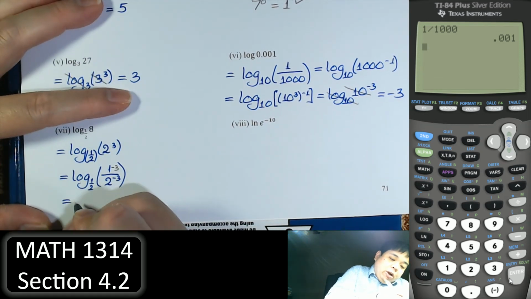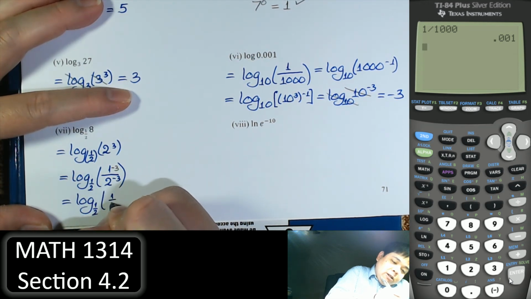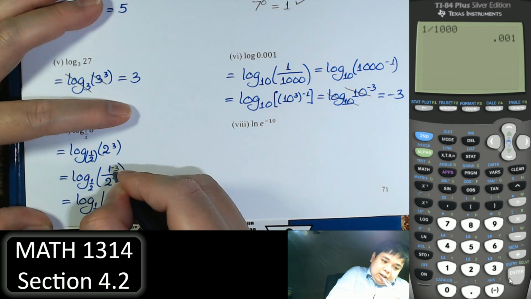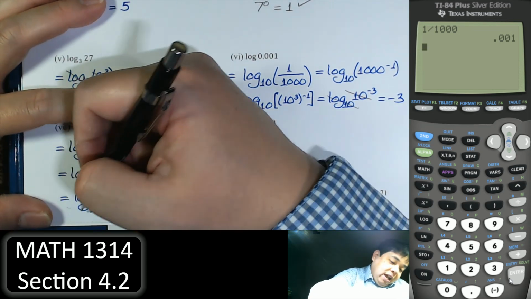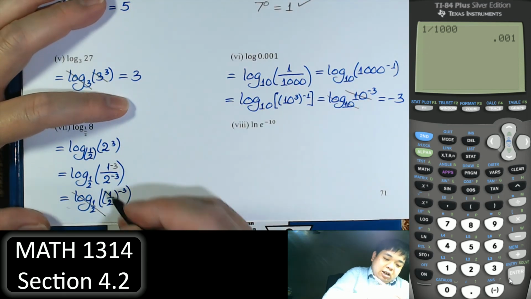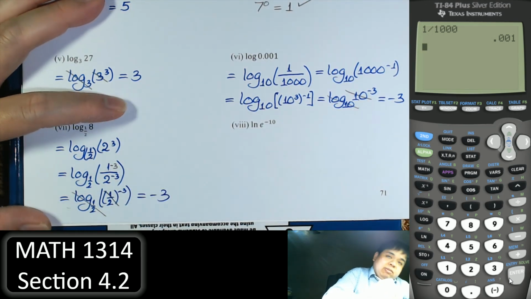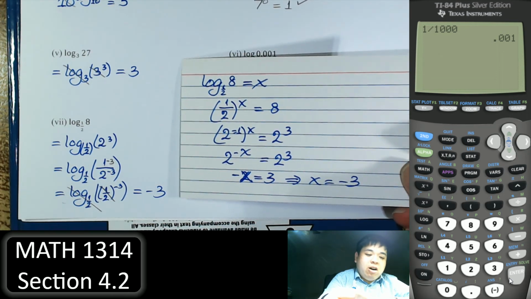So we can bring both of them inside, the power of negative 3. And now we have log of base 1/2, and the base of 1/2 on the exponent cancel out. So that is negative 3. Right. Of course we can do it like this perfectly fine.